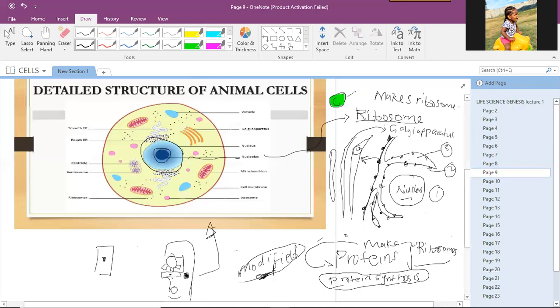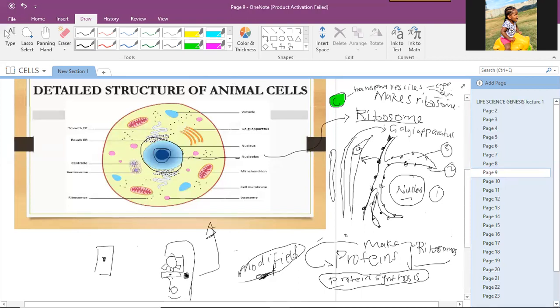So this transport vesicle is now ready for transportation. Is this protein going to the eye to make your eyes brown or green? Is this protein going to your skin so that you should have nice healthy skin?